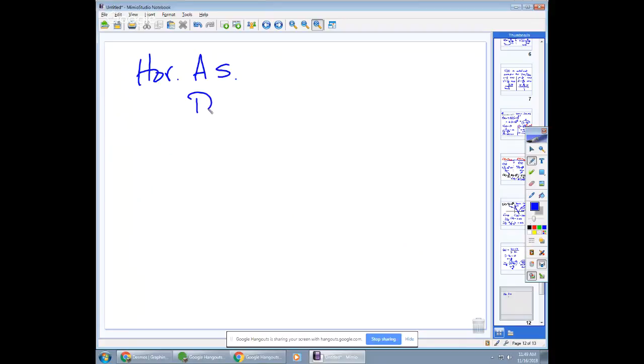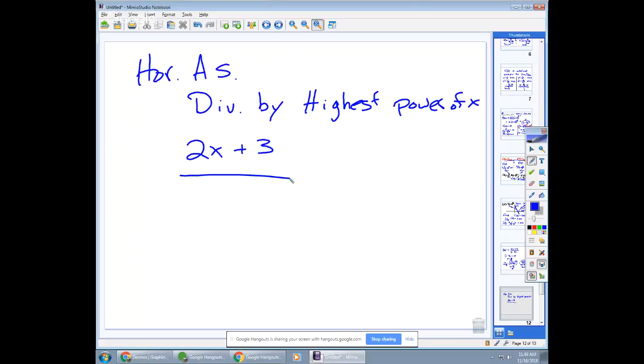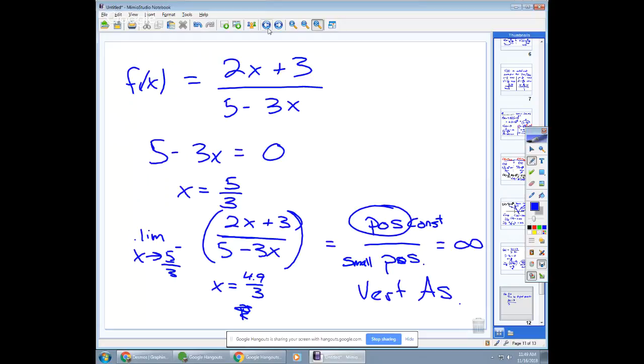So the trick there, one trick, is to divide by the highest power of x, which is x in this case. So take our function, which was 2x plus 3 divided by 5 minus 3x.